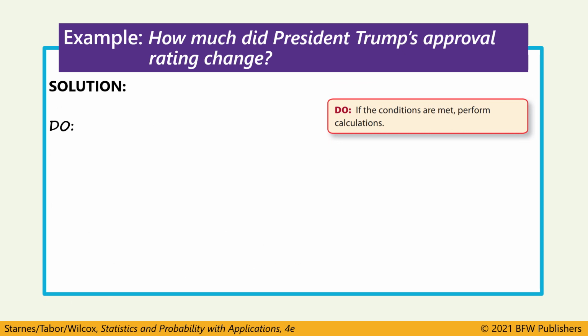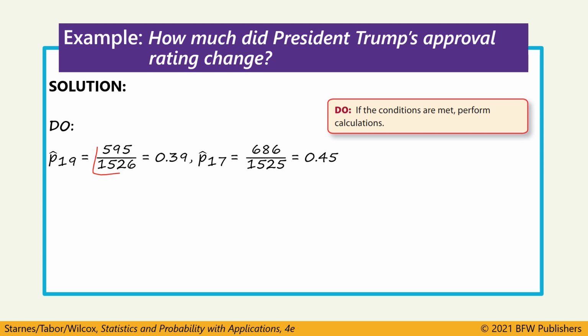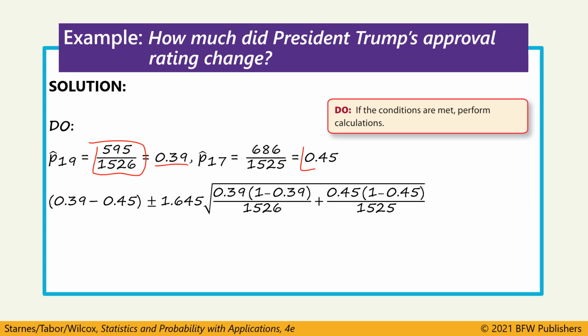We're going to go ahead and calculate everything, starting with the sample statistics from those two samples. So here it is from the 2019 sample, we get 0.39, and then from 2017 we get 0.45. We'll plug all of these into the equation here. So here's our point estimate. We're doing 2019 first, and then subtracting the 2017 sample.